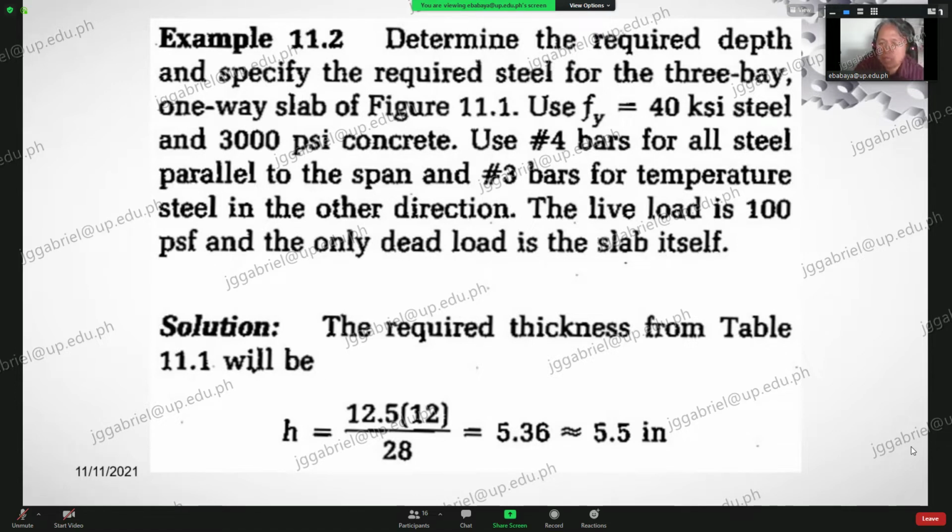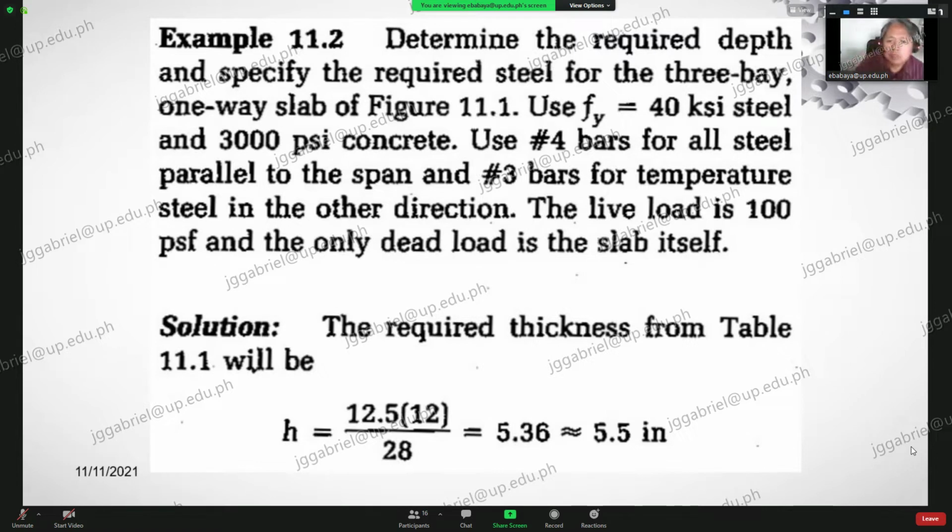Use fy 40 ksi steel and then 3000 psi concrete. Use number 4 bars for all steel parallel to the span and number 3 bars for temperature steel in the other direction. Okay, do you understand that?